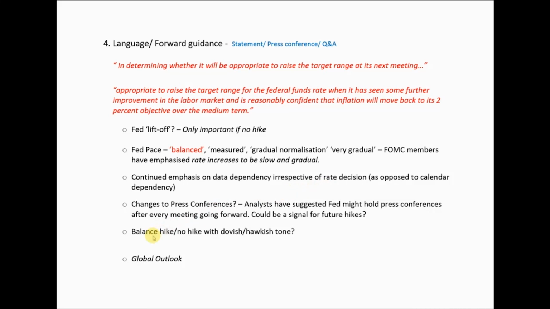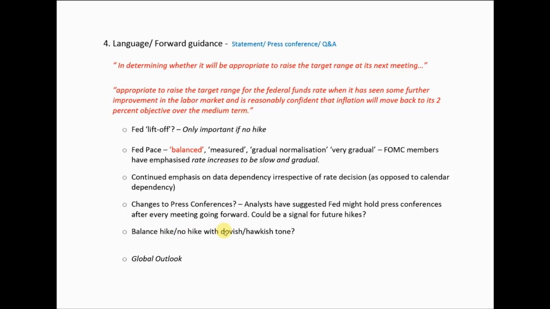And then balancing a hike or no hike with a dovish or hawkish tone. We've talked about the dovish hike, which is what the market's expecting: the rate hike with a fairly dovish Yellen, indicating that rate hikes will be gradual and there's no rush, etc. So if there's anything aside from that, obviously the no hike will create an opportunity for us.